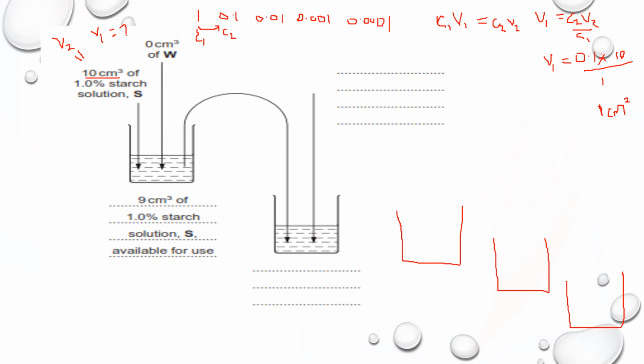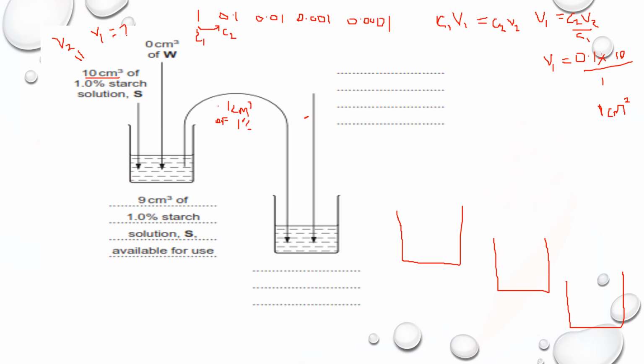So what am I to write here? What I'm going to write is that I'm taking 1 cm3 of 1%, because that's the stock, 1% of S. And I'm adding how much water?